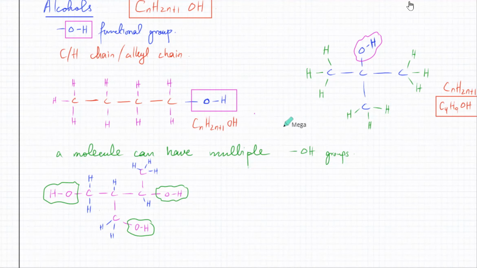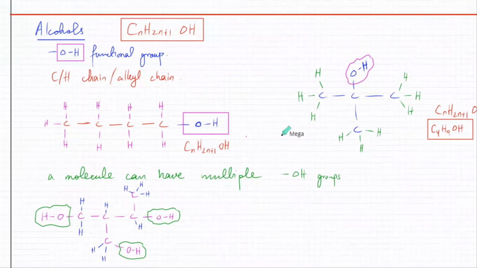There are 4 carbon atoms, so this would exactly be C4H9OH. It's going to have exactly the same formula. So 9 hydrogens, you can count that, 4 carbons and 1 OH. So it's going to be exactly the same. But general formulas often don't work when you have multiple OH groups. So it's not going to work if you have multiple OH groups. It's only going to work for simple alcohols.